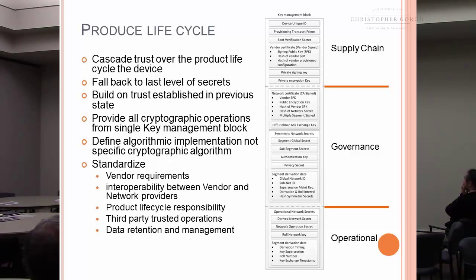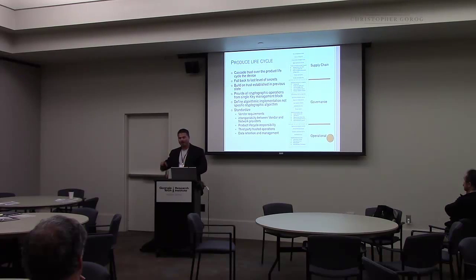But things that would be standardized: vendor requirements, interoperability between vendors and network providers, product lifecycle, that's kind of the provenance piece, third-party trusted operations, how do you set up trust between every handoff and handshake, and then data retention and management, how much data and what is needed to be retained every time you make a transaction and pass it on to the next level, so you're not just throwing them over the wall, like I said, and they take it.